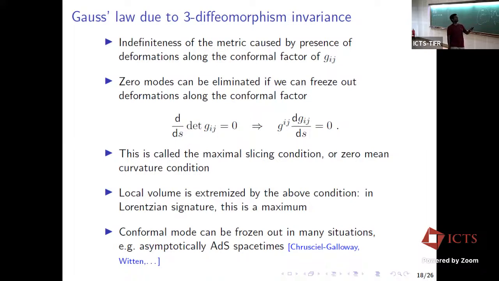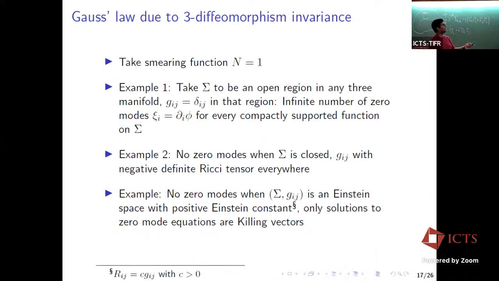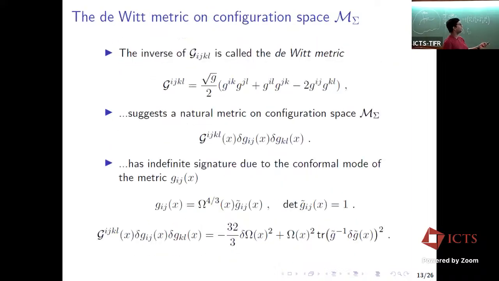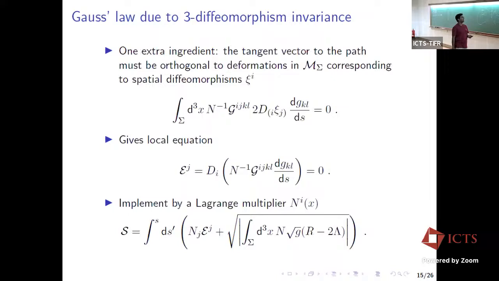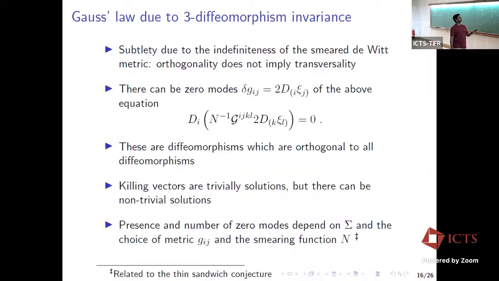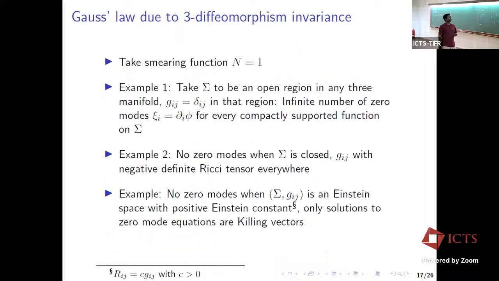This translates to saying that the tangent vector is traceless with respect to this gij at every point on this path. And this automatically will kill this additional component in the DeWitt metric, and the remaining part is positive definite along the path. And in that case, the analysis of this equation is, as I had outlined a little bit earlier, that because this is positive definite along the path, the only solutions will be Killing vectors or 0.